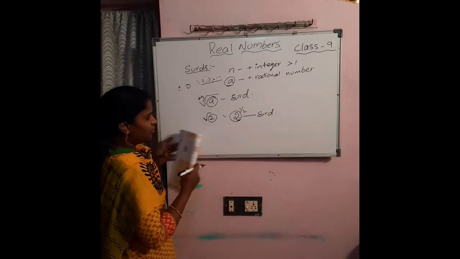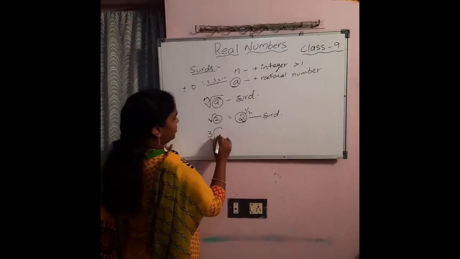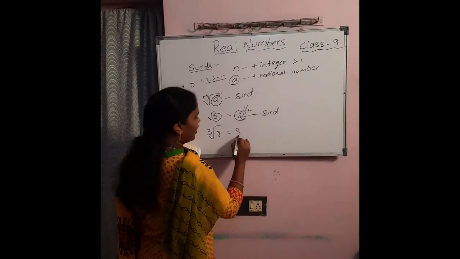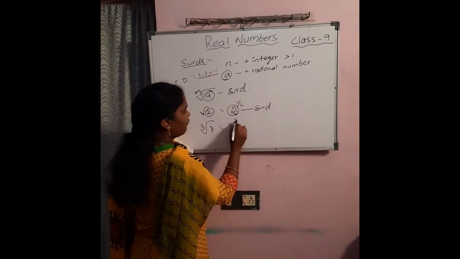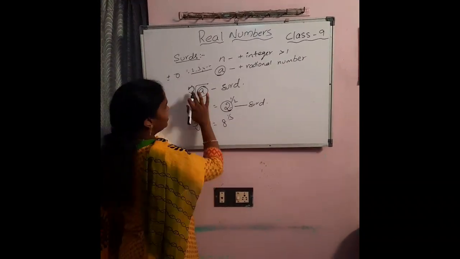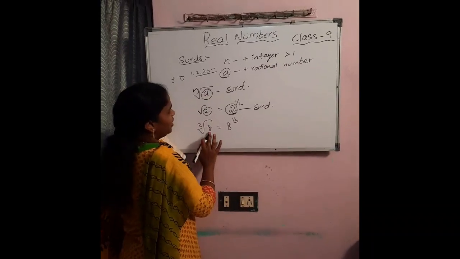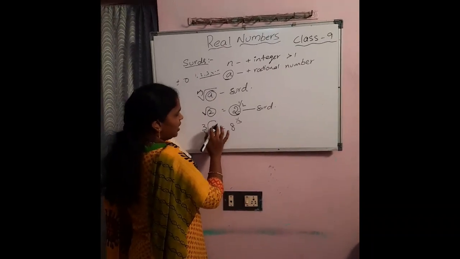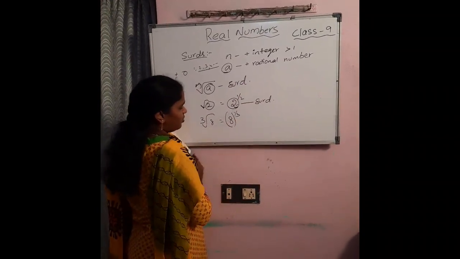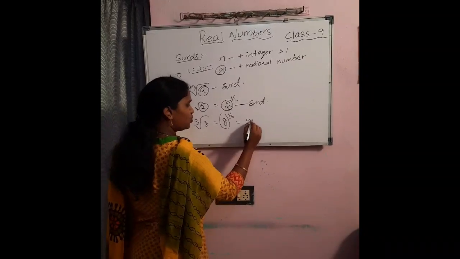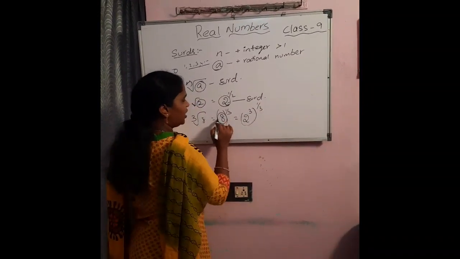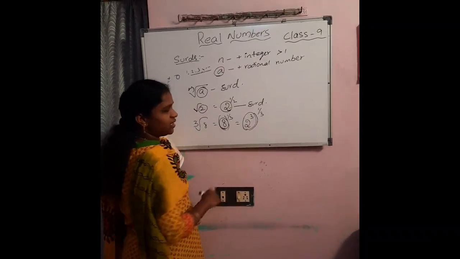And if I take cube root of 8, it can be written as 8 to the power of 1 by 3. 3 is greater than 1, so 3 is a positive integer and 8 is a rational number. But 8 can be written as 2 cube, so 2 cube to the power of 1 by 3. That means 8 we are converting into powers of other rational numbers.